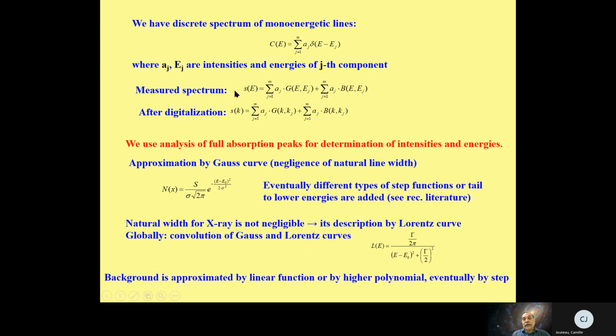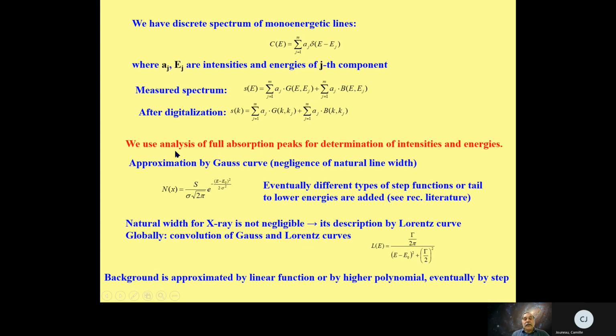These are spectra which depend on energy, and after digitalization we will obtain the same in channels. But again, it is possible to separate these monoenergetic lines, the full absorption peaks, and continuums.